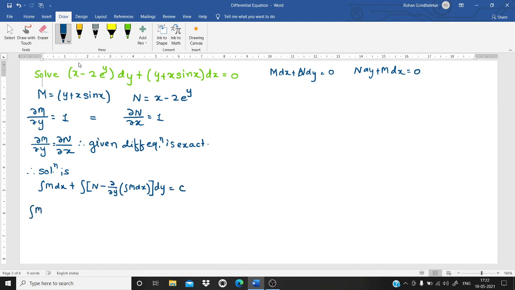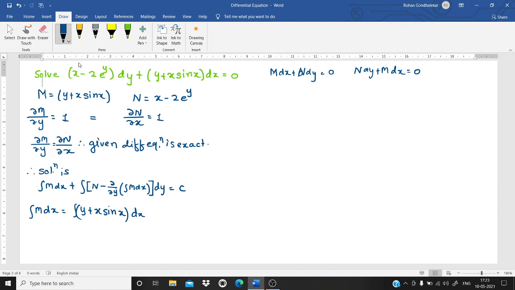So what is the integral M dx? The M is y plus x sin x. So we are interested in calculating its integration with respect to x.